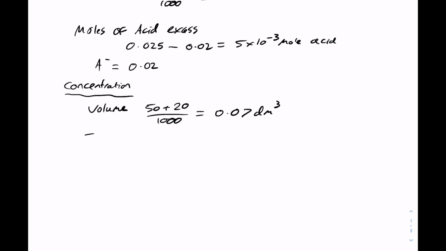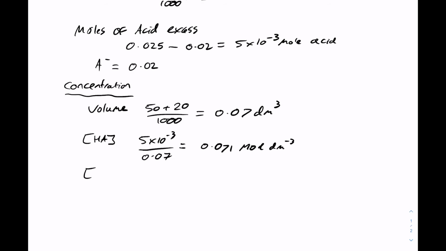We can then work out the concentration of HA by taking the number of moles of HA, which was 5 times 10 to the minus 3, and dividing that by 0.07 to get us a concentration of 0.071 moles per decimetre cubed.